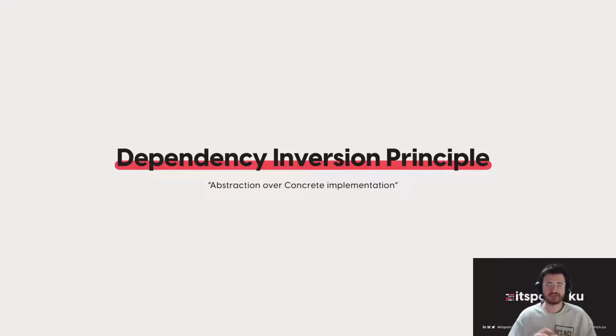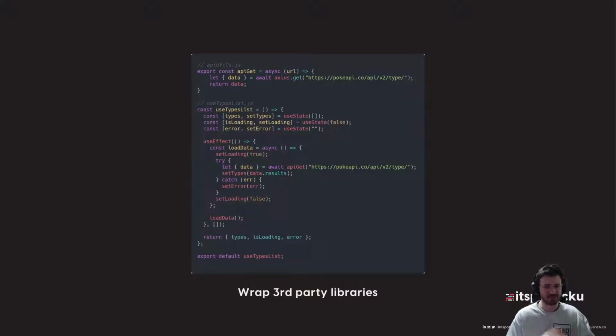And then finally, the dependency inversion principle. I found a couple of different definitions for this, but to me, the easiest way to think about it is always abstraction over concrete implementation. So one that I see mostly applied, especially in backend languages, is wrapping third-party libraries.